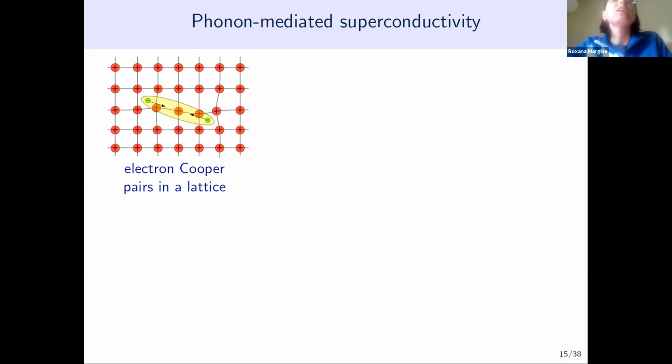To get an idea of how this happens, we can look, for instance, at two electrons in the system. As one electron travels through the crystal, it creates a lattice distortion with accumulation of a net positive charge. This deformation causes a second electron with opposite spin and momentum to move into this region of higher positive charge density. As a result, these two electrons become correlated and form what is called a Cooper pair.